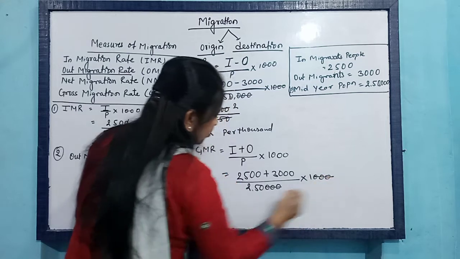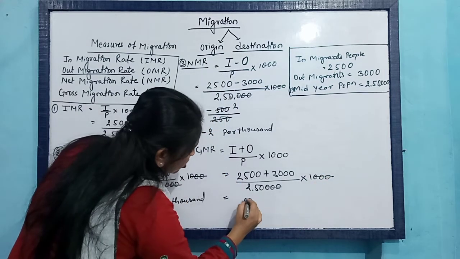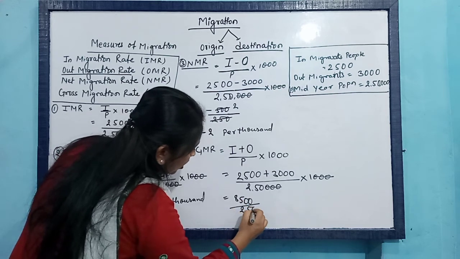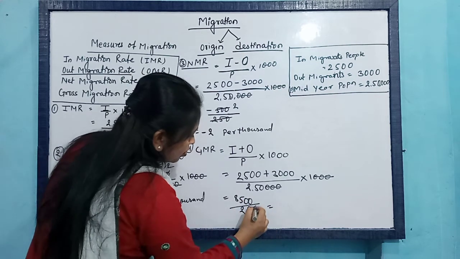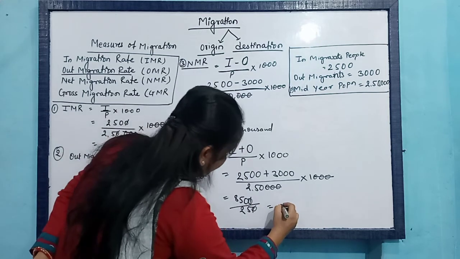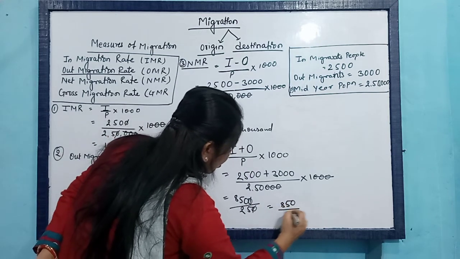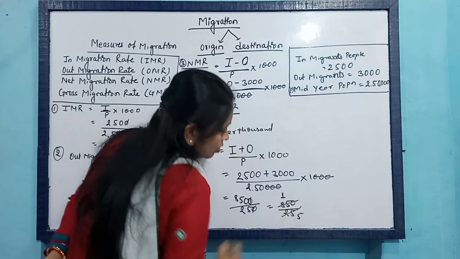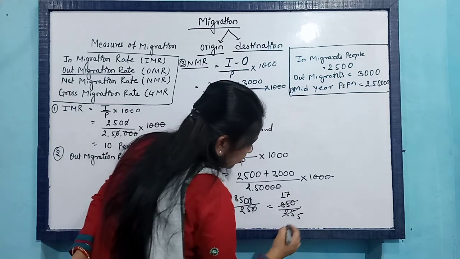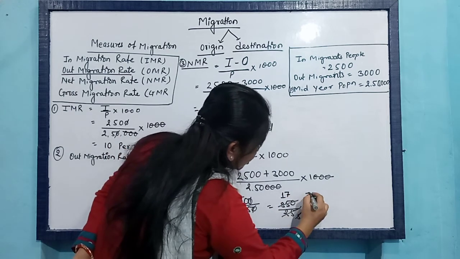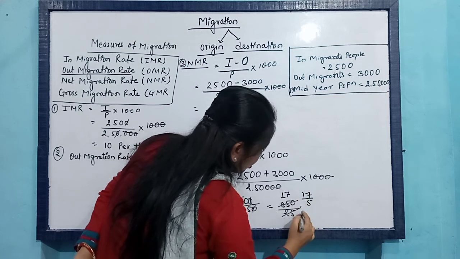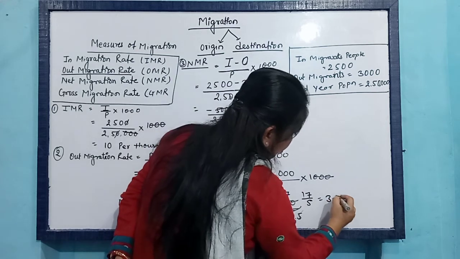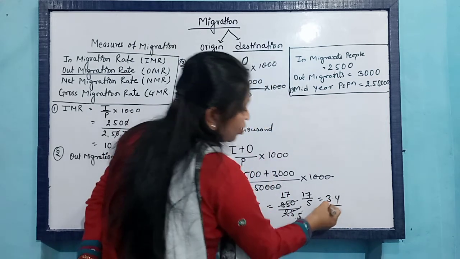Now 5500 by 250, 850 by 25, 17 by 5, equal to 3.4 people.